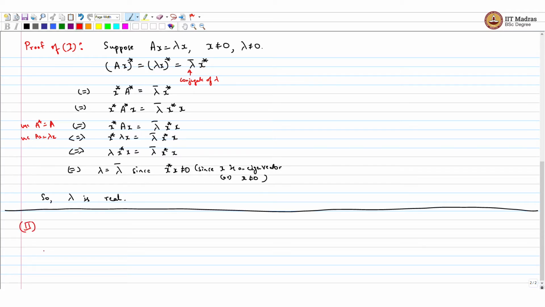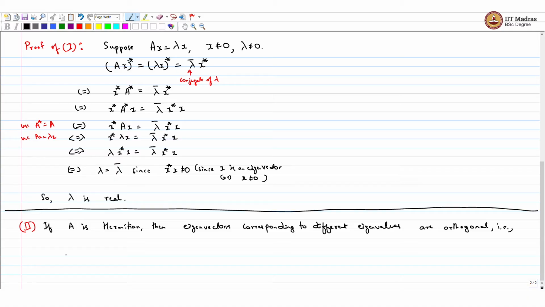Property 2 of a Hermitian matrix says if A is Hermitian, then eigenvectors corresponding to different eigenvalues are orthogonal.